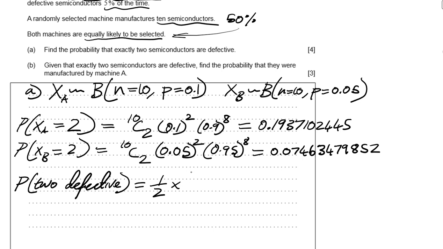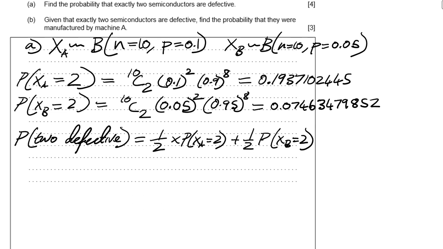So half times what we got here. So P(XA = 2) plus P(XB = 2), right? So we're taking the half, we're summing the halves of these probabilities, and that gives us the total.